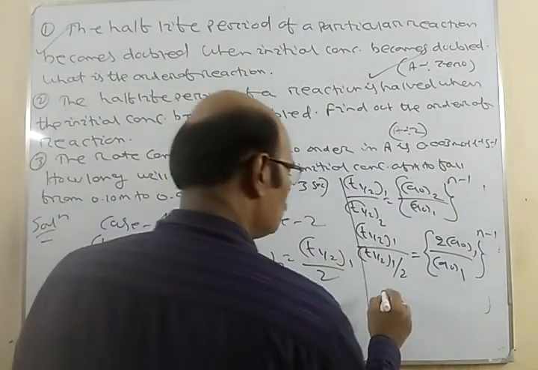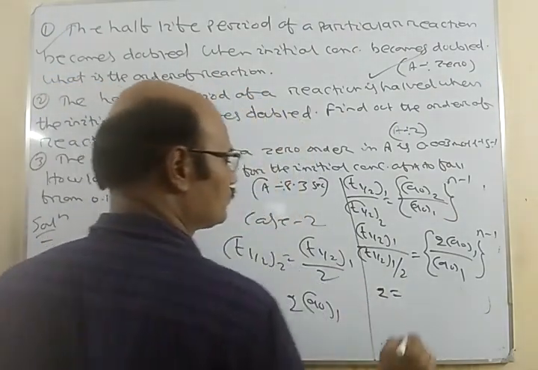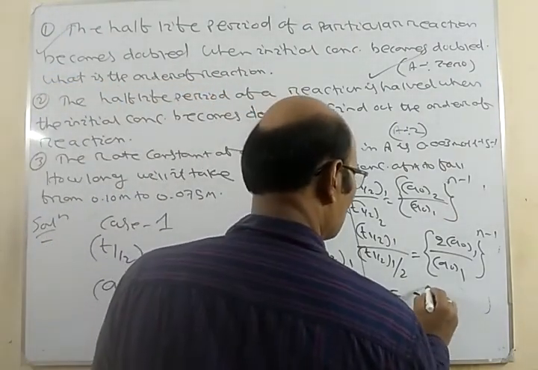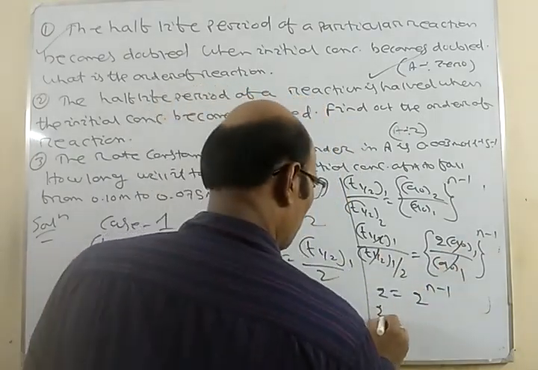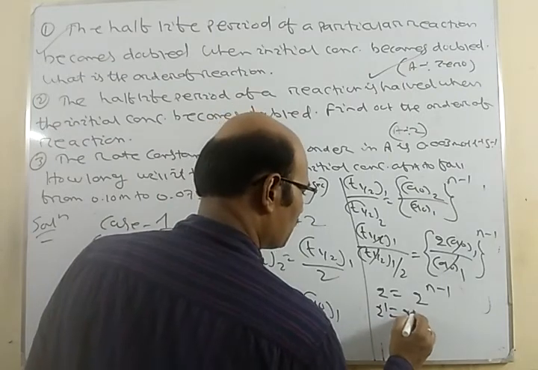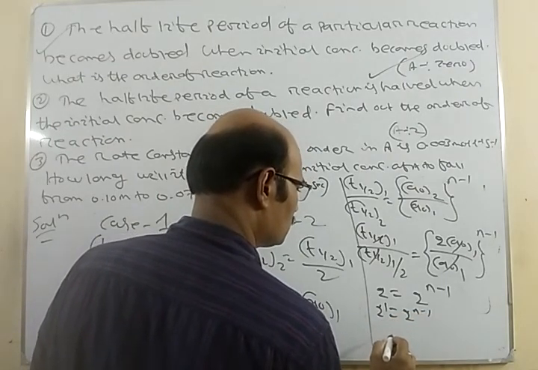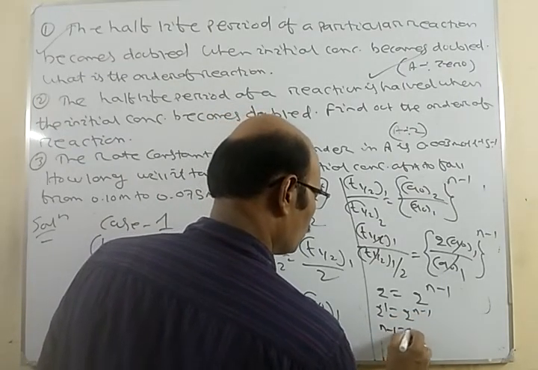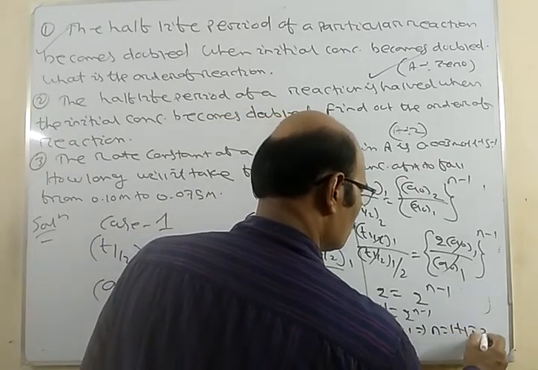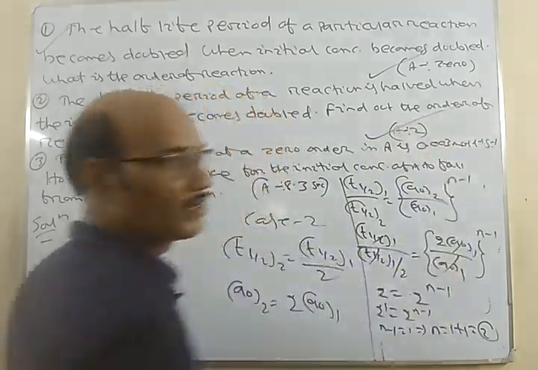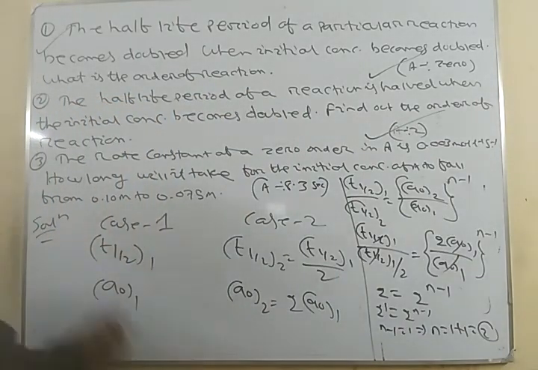So 2 equal to 2 power n minus 1, or 2 power 1 equal to 2 power n minus 1. So n minus 1 equal to 1. This implies n equal to 1 plus 1 equal to 2. Second order. So this is a second order reaction.